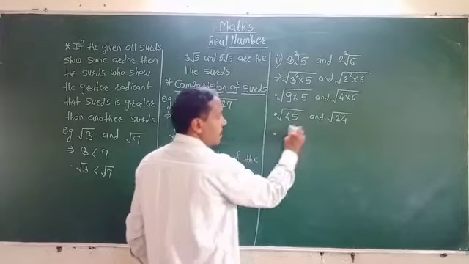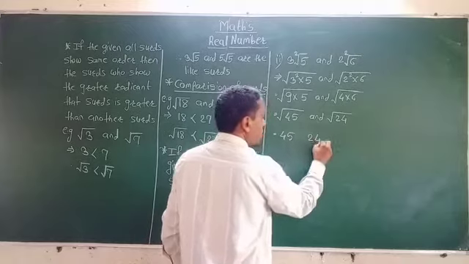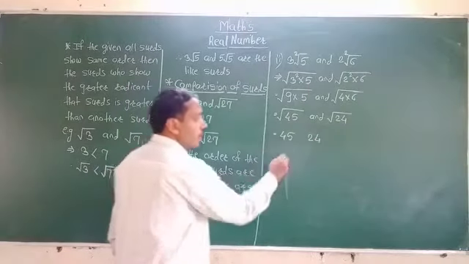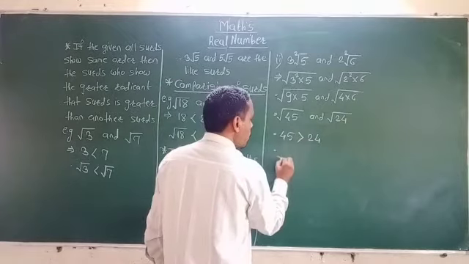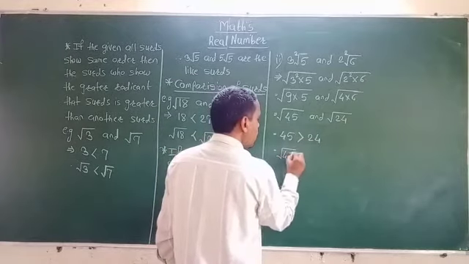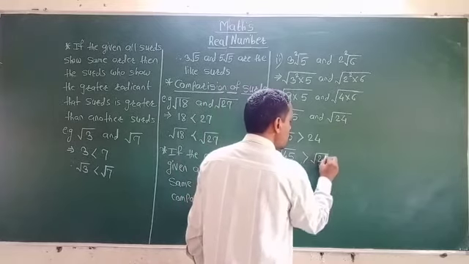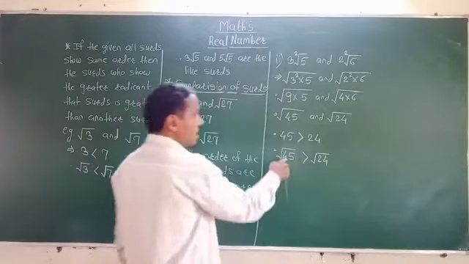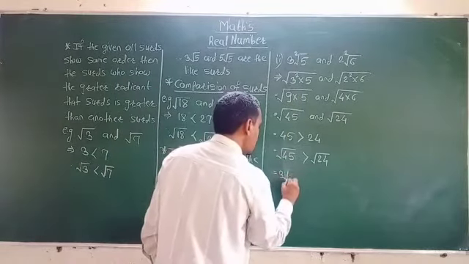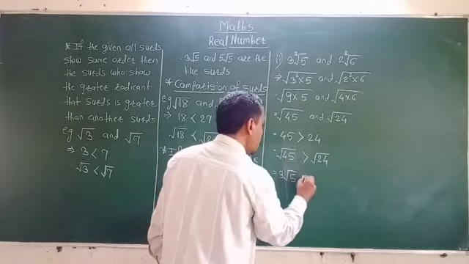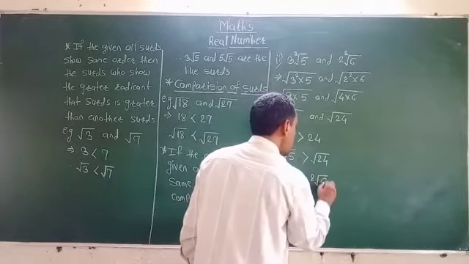In 45 and 24, 45 is greater than 24, and therefore root 45 is greater than root 24. So 3 root 5 is greater than 2 root 6.